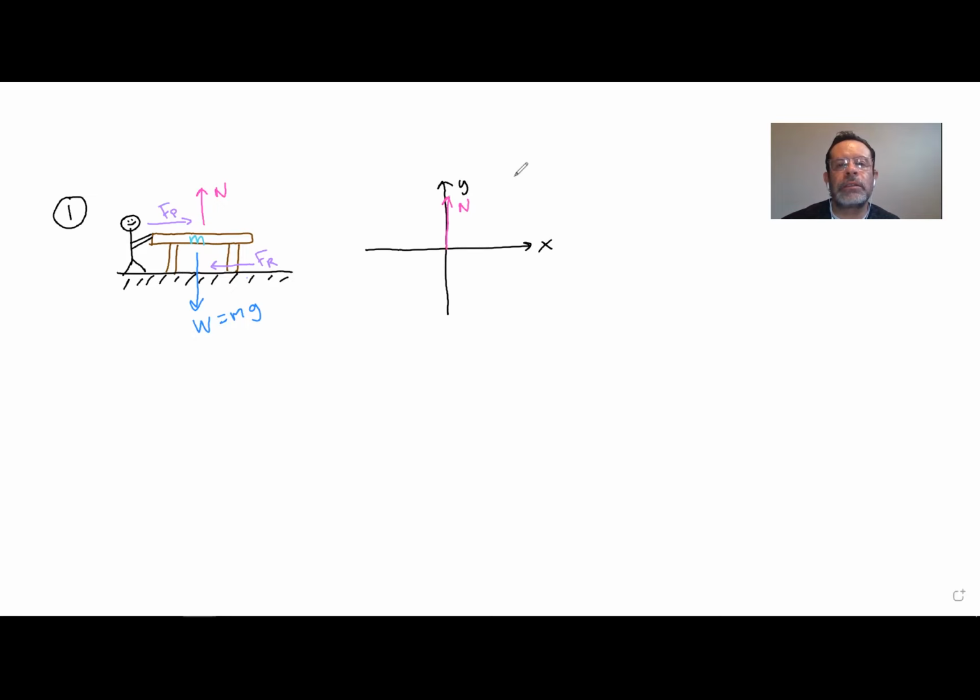We've got the weight down here. And we've got FP, which is the pushing force going this way. And we've got FR in this way. Now we know some of these values. So we know that the weight is going to be the mass times gravity.